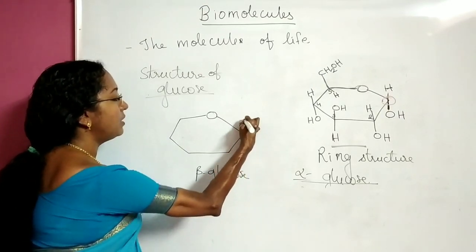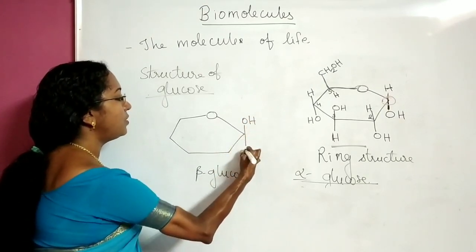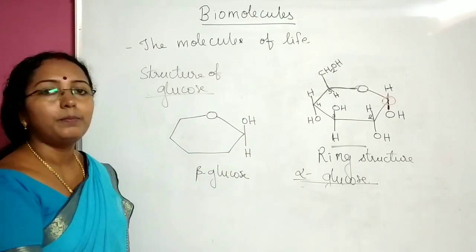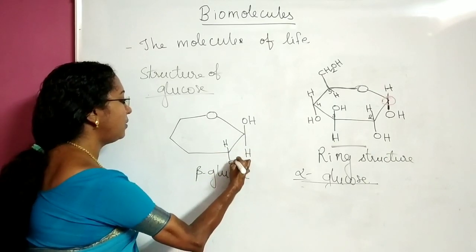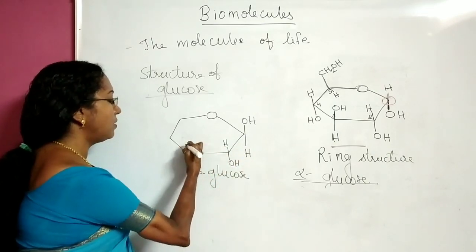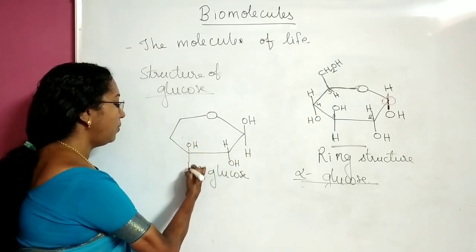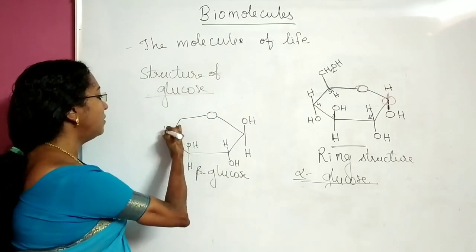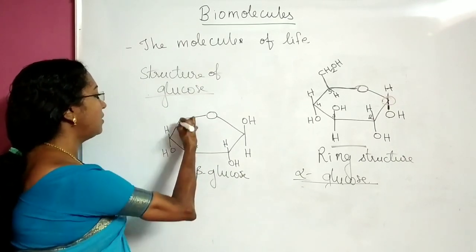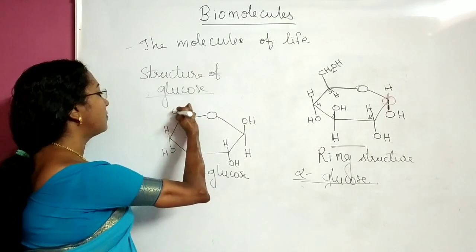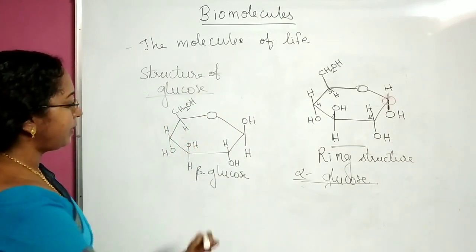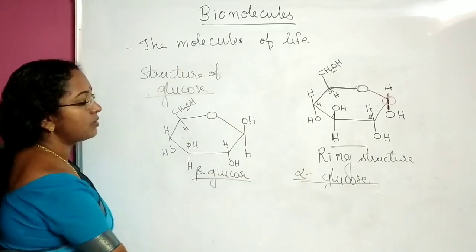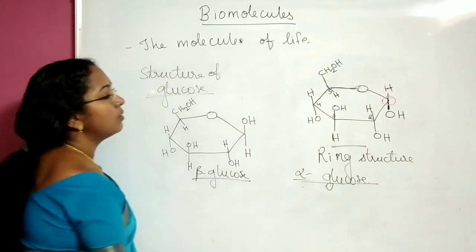Only thing is orientation is different. If I put here OH, H, this becomes a beta glucose. So rest of the positions, it is H, OH. Third position, of course, because it is glucose, it will be OH, H. Then here also H, OH. Here CH2OH. So this is the structure of beta glucose and that was the structure of alpha glucose.